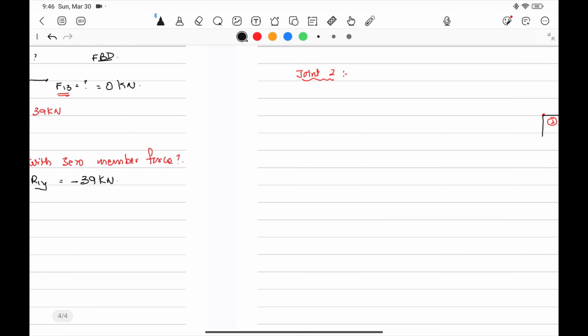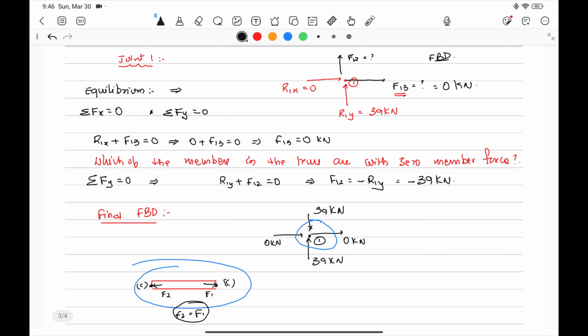And here in this number, F12 is equal to 39 kilonewtons compression. Either you write minus 39 kilonewtons or you write 39 kilonewtons compression with a sign convention stating clearly that tension is equal to positive, compression is equal to negative.